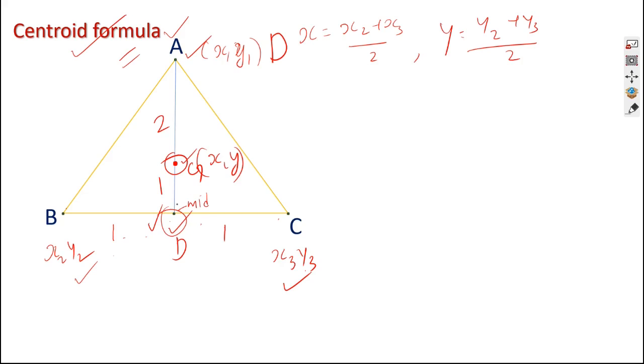If you have the coordinates of D, then you can find the coordinate of A because the ratio is known to us. In that case, you will be applying the section formula. So, we are trying to get the coordinates of point G. How will we get it?